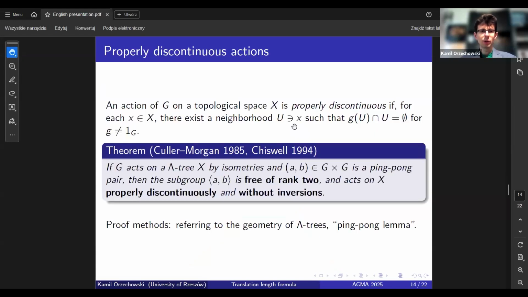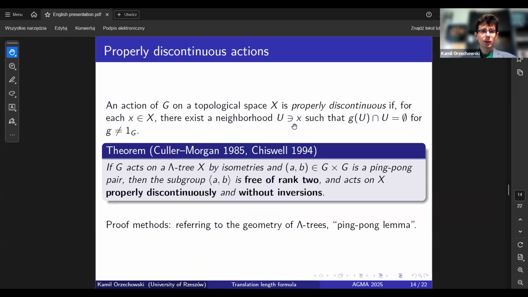Here we have recalled the notion of a properly discontinuous action of a group G on a topological space. It is clear for algebraic topologists.